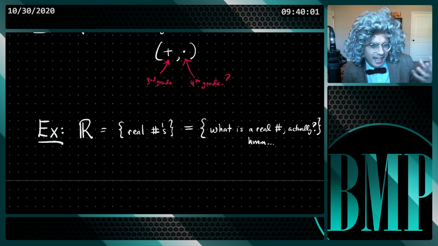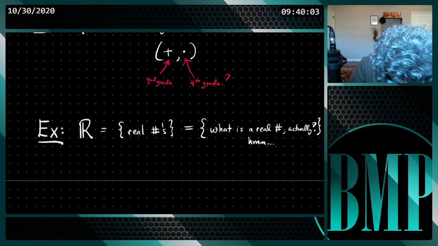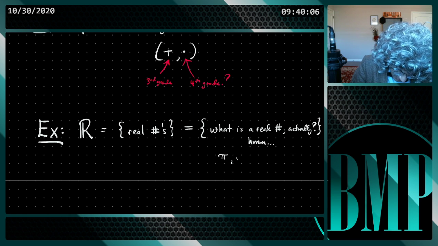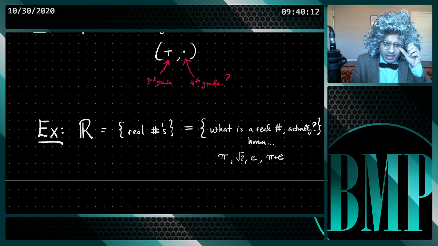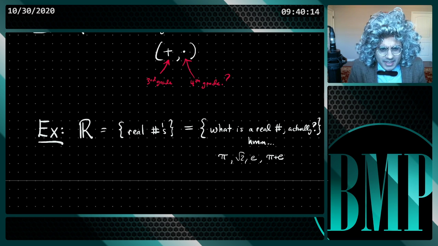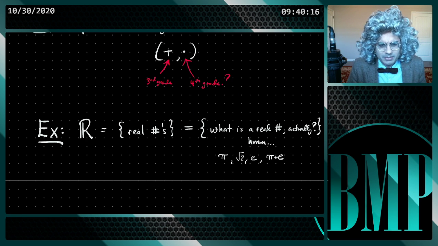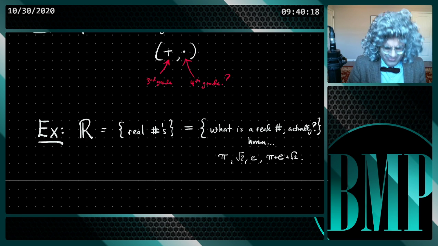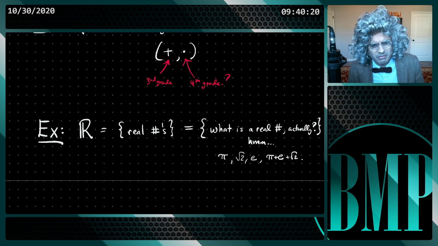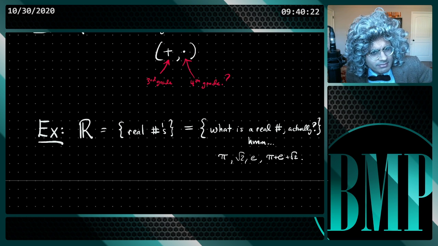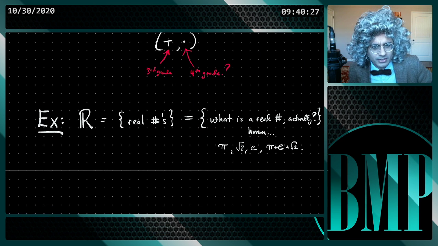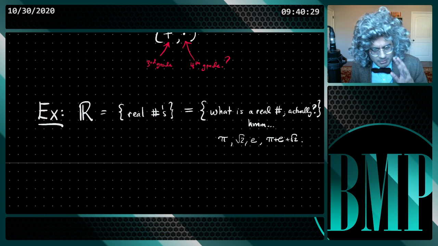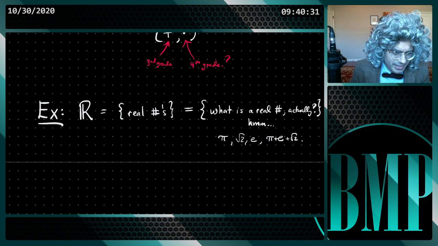But you know, it's like pi, square root of 2, e, i plus e, e plus the square root of 2. But like, what are all of them? You've got to take a real analysis course before you can understand how to define the real numbers. But let's pretend we know. You know, it's what you think it is.